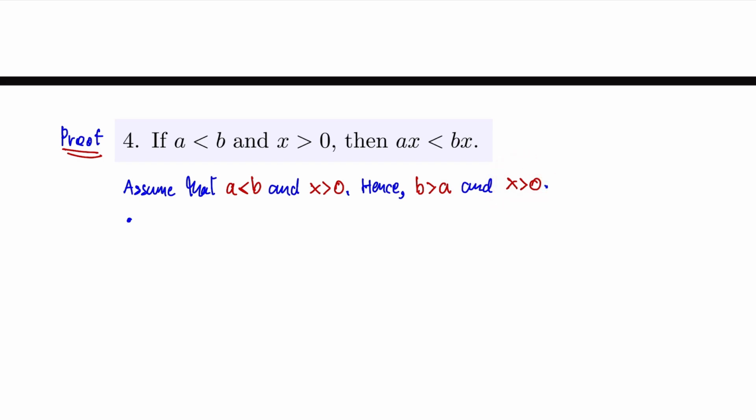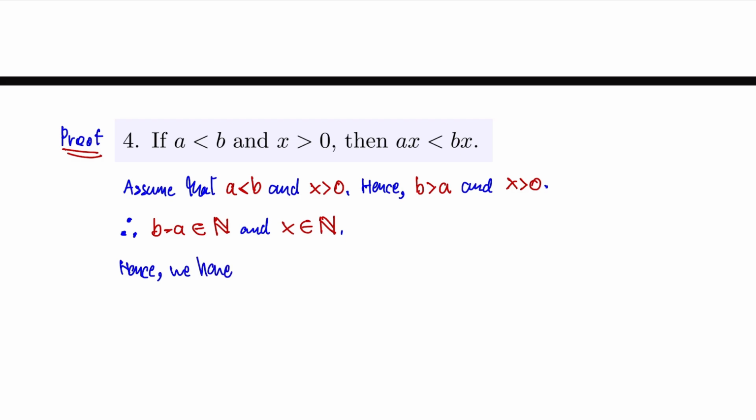So by definition of greater than, b minus a is in the set of natural numbers, and x is also in the set of natural numbers. But we want to show that ax is less than bx. Hence this is what we have.